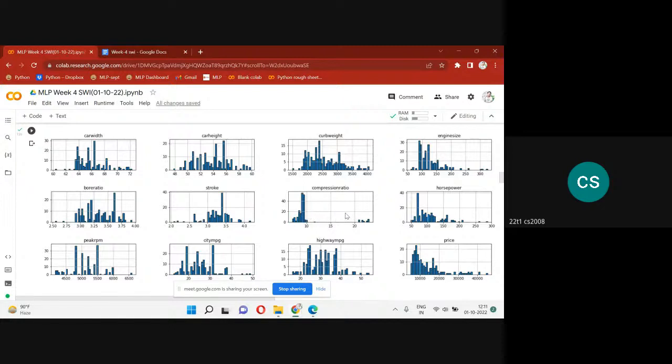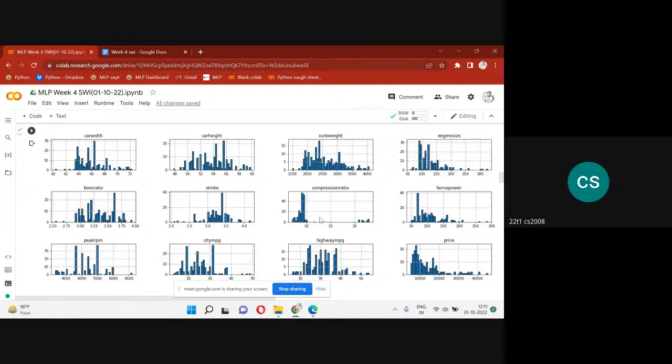Why I took this example is that there are things which only a person with a background in that domain can understand. A normal person can only see that many cars have compression between 0 to 10 and very few between 20 and above.